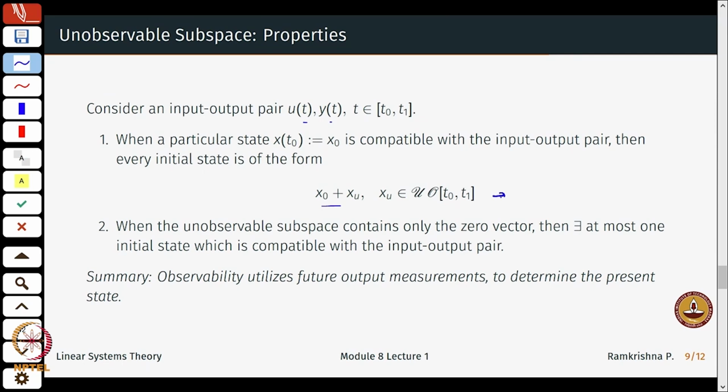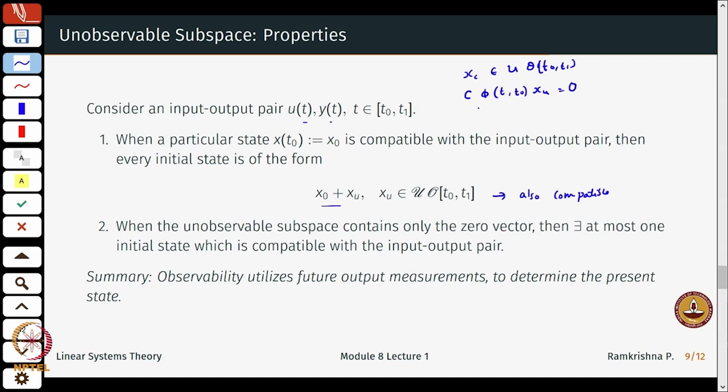So why is this true? Let's say that x_u is in the unobservable space from t0 to t1, which means that C phi of t0 x_u is necessarily equal to 0.